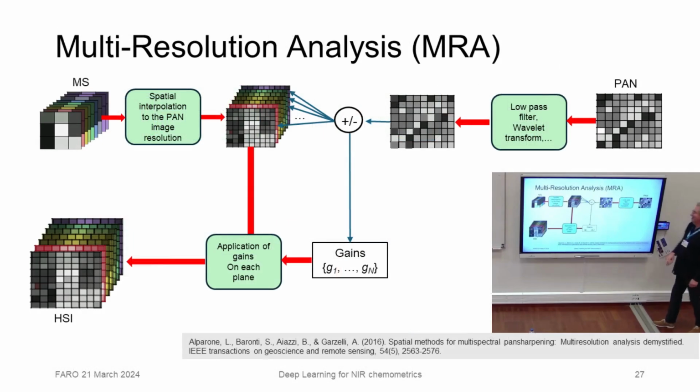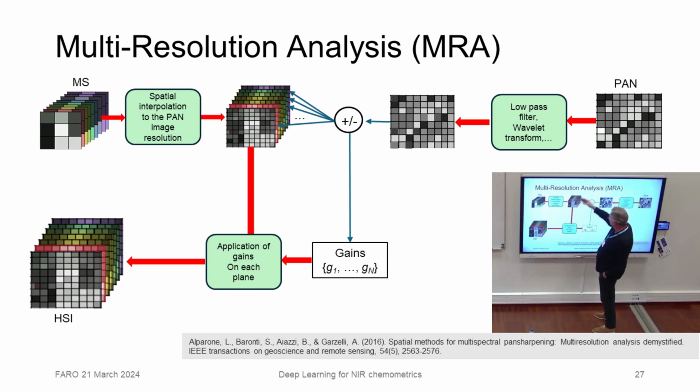The other way of doing it is multi-resolution analysis. So it's not exactly the same. It's a reverse, in fact. From a multispectral image with a lot of wavelengths, we make a spatial interpolation in order to have the same spatial resolution as the panchromatic image.